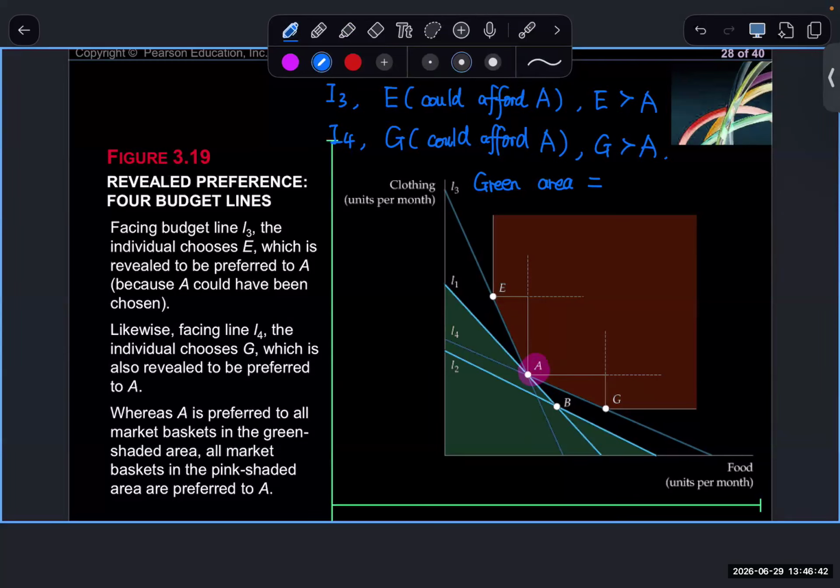So for the green area, A is better than these baskets. How about the pink area? The pink one. For the pink area, those baskets E and G, they are better than A, right?